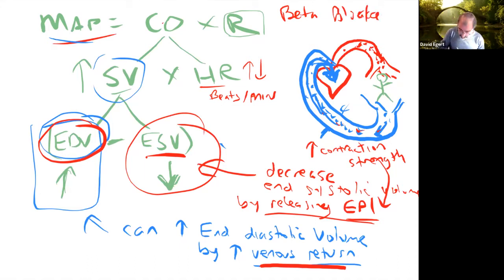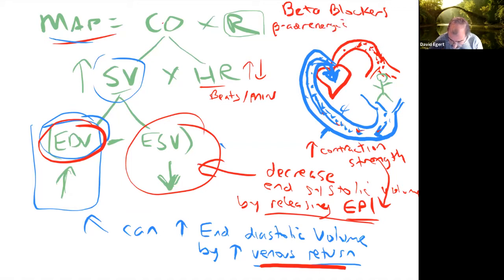So beta blockers, they're basically beta adrenergic antagonists. Why would a drug that is basically blocking adrenaline help keep our blood pressure down?